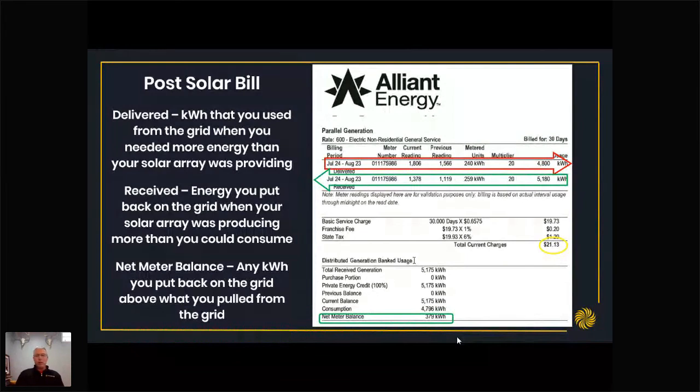So therefore, your meter is not recording kilowatt hours either coming to you or going back to Alliant. So you are saving money at those times because you're not pulling any power from the grid. You're just not giving Alliant anything back to the grid either. So you're not getting those net metering credits accrued. So there always will be a difference there between what your monitoring tells you and what your bill shows you. And that can be confusing for people sometimes.